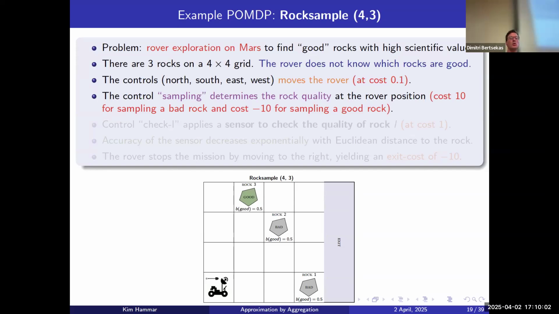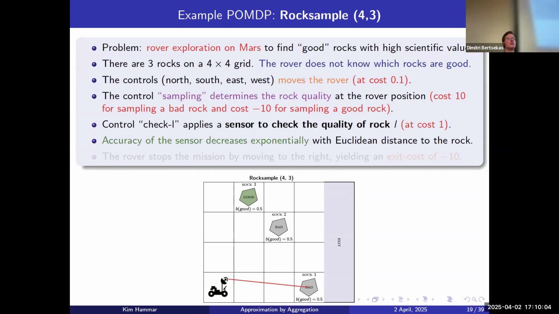Finally, you can also apply a long-range sensor to check the quality of a rock from a distance. This also incurs a cost, and importantly, this sensor is not perfect, so it can sometimes give you the wrong answer. It's a noisy sensor, and the degree of the noise increases exponentially with the distance to the rock.